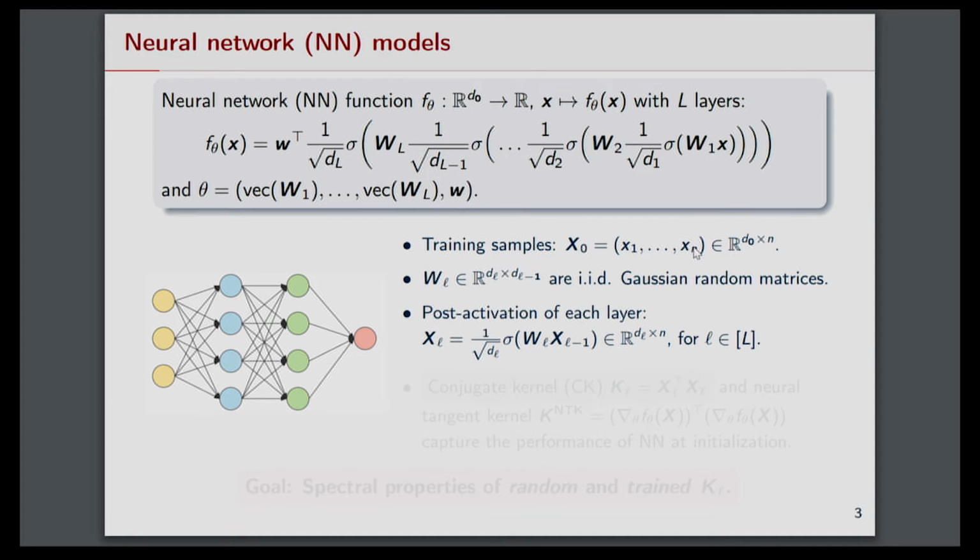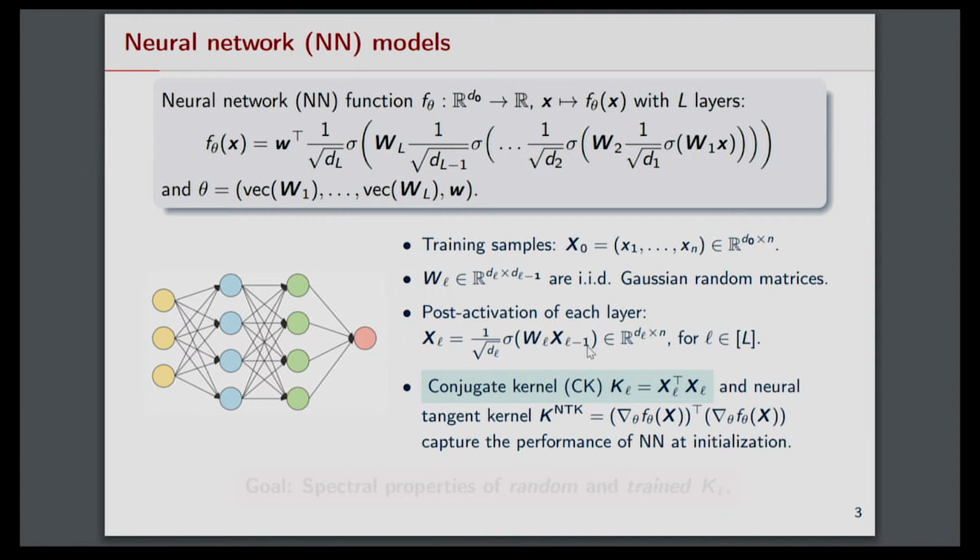We consider the output for each hidden layer. XL is the output of the L-th hidden layer, and we have a normalization to make sure that the output is almost order 1.